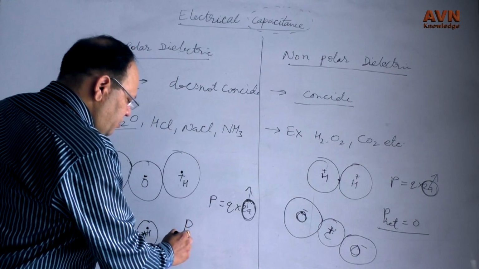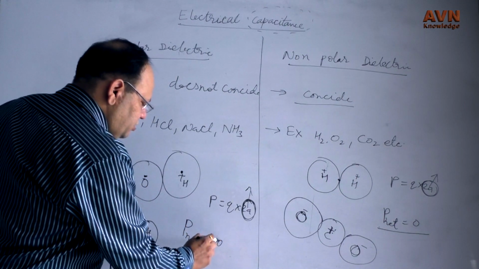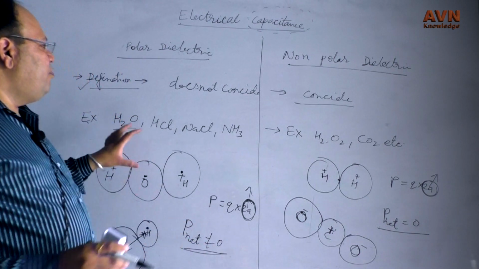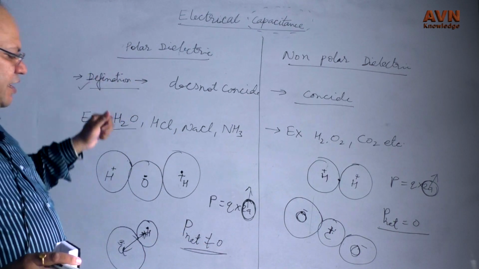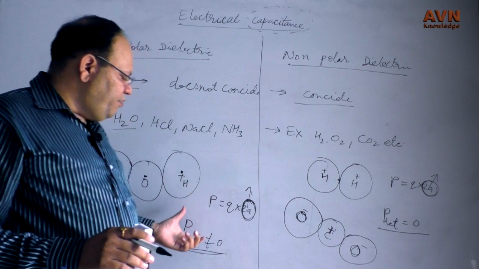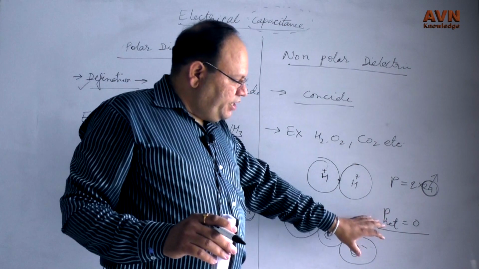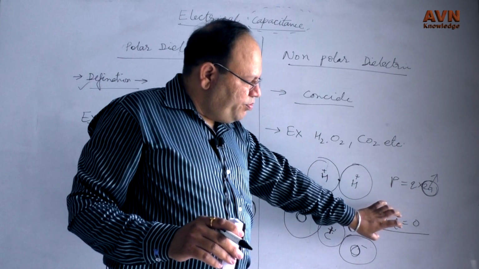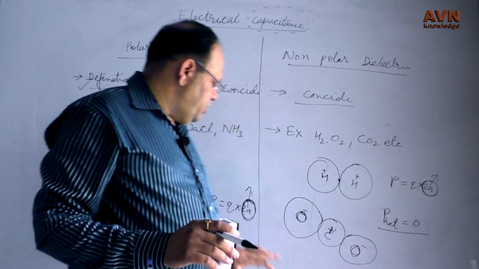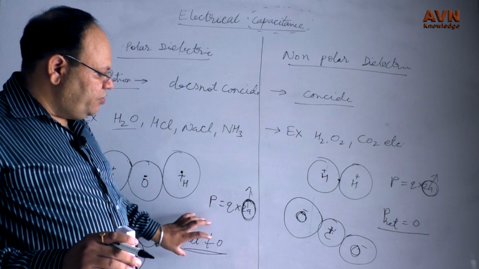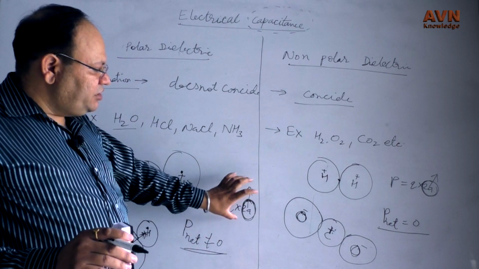Here P net will not be 0. The net electric dipole moment in the non-polar will be 0, and here the net electric dipole moment will not be 0 because they are separated.